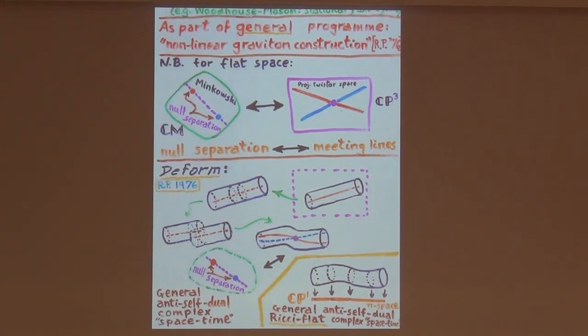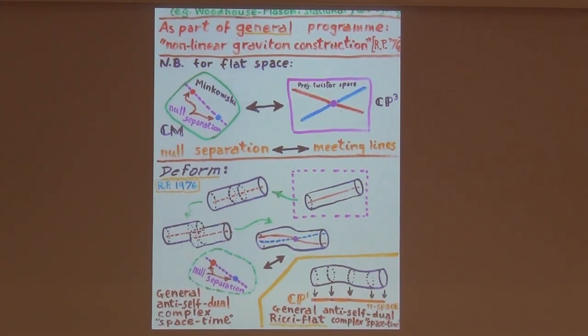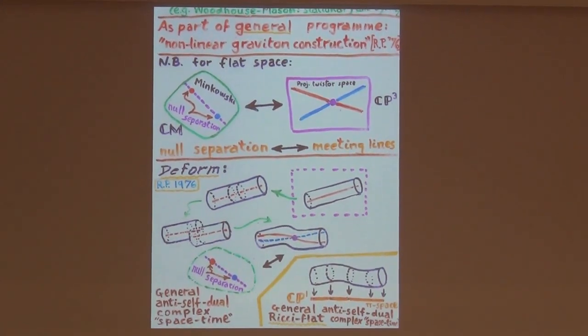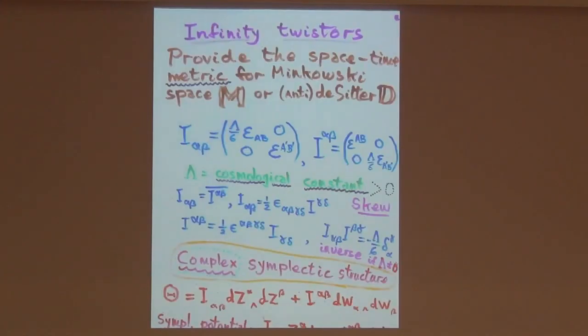Now, this was when I was thinking about Einstein's theory without cosmological constant. If you have a cosmological constant, then it's not just a projection like here, and I should say Richard Ward repeated this construction looking at the case with a cosmological constant, and instead of having this projection, you have to have this... No, I've forgotten how to move this ahead. Or at least there we go.